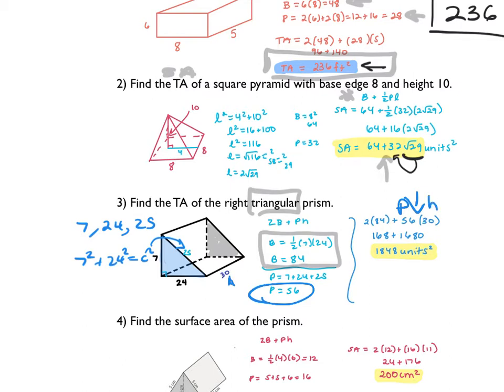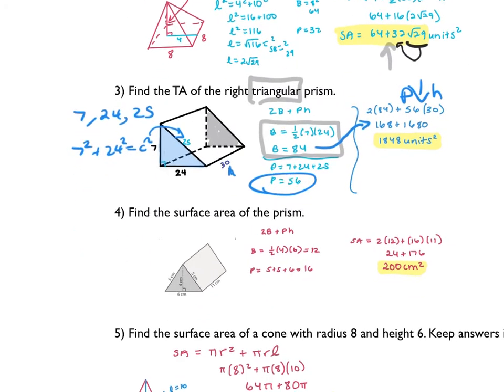So this 1680 is pH. All right, everybody good on that one? Yeah, I felt it was like the area of the triangle. The area was 84, so 2 times 84, the 168, was the area. Okay, thanks.